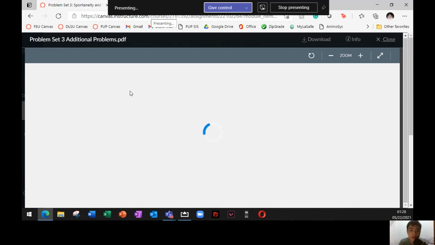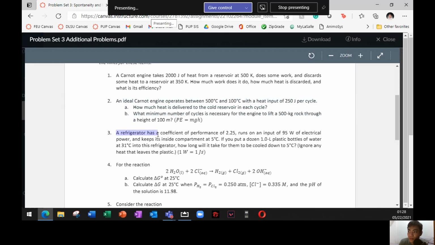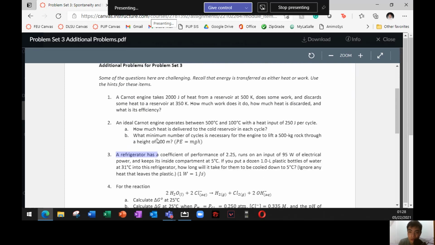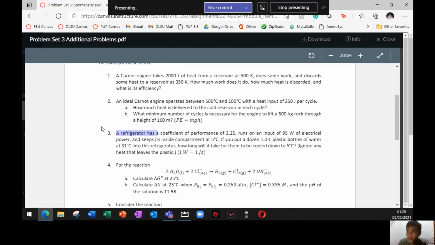I added 5 questions here. Yung 2 and 3, medyo mahirap siya, but madali lang yan once na makita mo na yung hinahanap. Sa number 2, basically, yung engine mo, gagamitin mo to lift an object in the form of work, so pwede mo isolve yung work dyan.